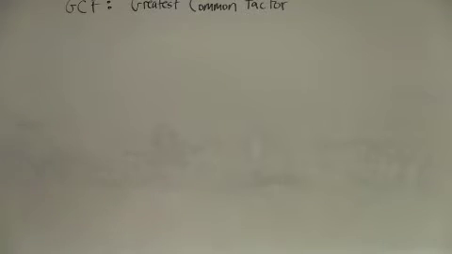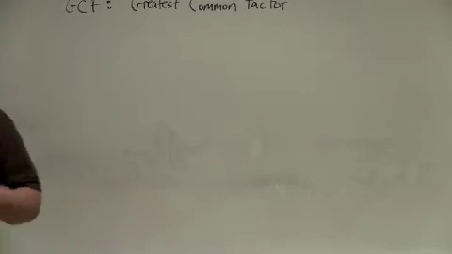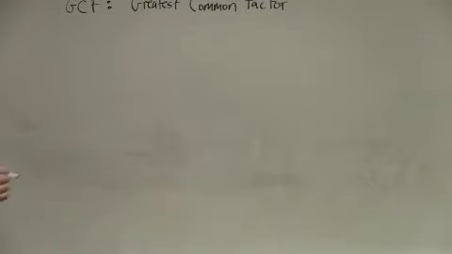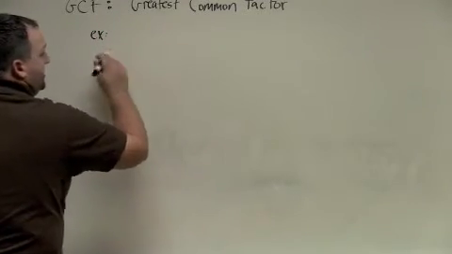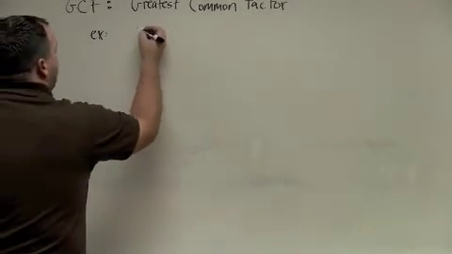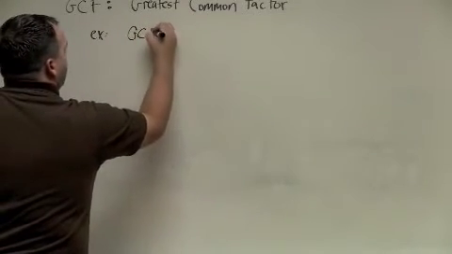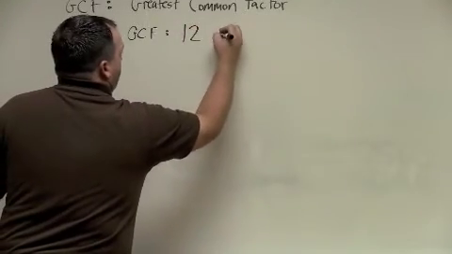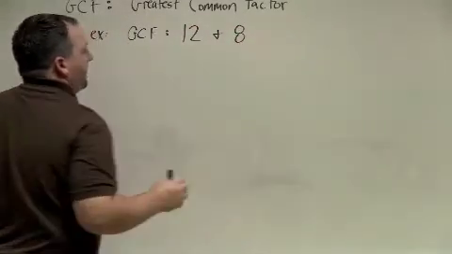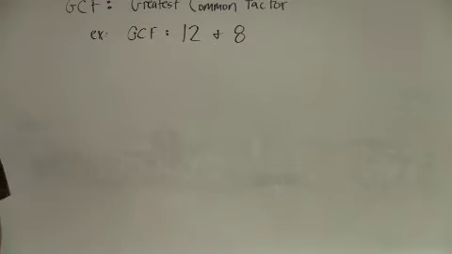Now, the GCFs that you've done before now have been with numbers. For instance, let's go back to just 2 numerical examples here. Let's say, what is the GCF for 12 and 8? Meaning, what is the largest number that goes into both 12 and 8 evenly?